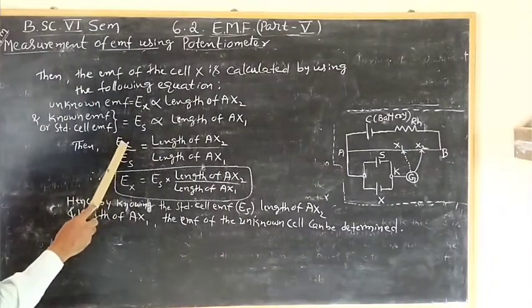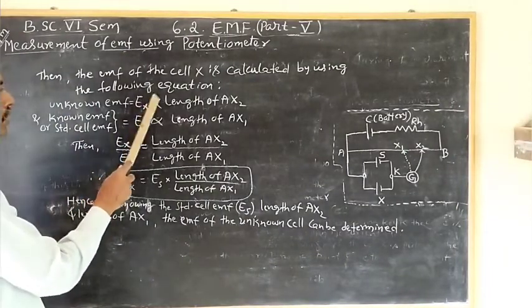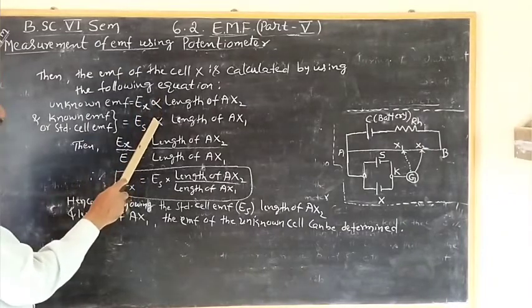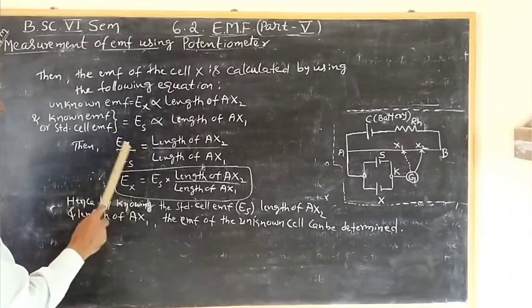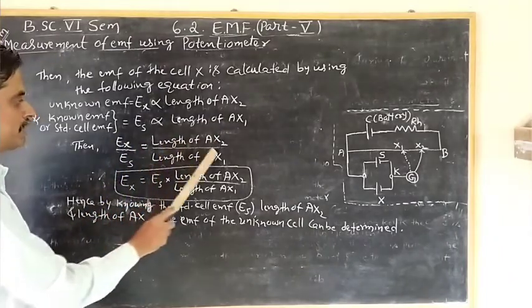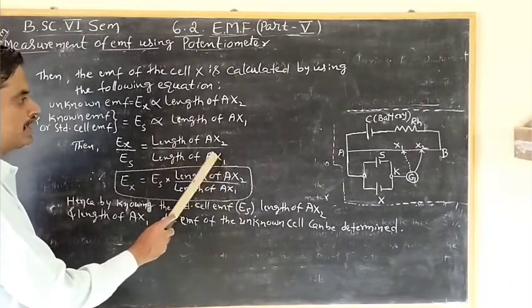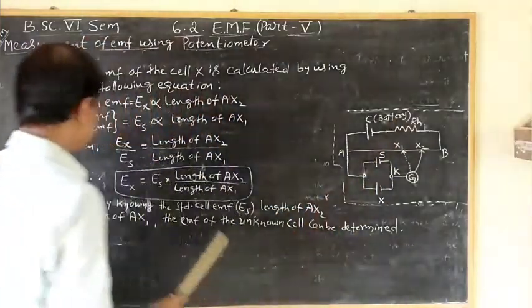Then the ratio Ex divided by Es: if the proportional sign is removed, you will get one constant, and on the other side another constant. These 2 constants are the same, so they get cancelled. So Ex divided by Es is equal to length of AX2 divided by length of AX1. Length of AX2 is this one, length of AX1 is this one.